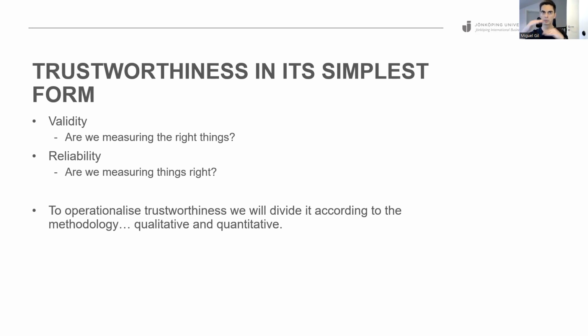So always keep that parallel mindset. What you need to write in your method section about trustworthiness and what you need to take into consideration while designing your research. So I think I'll stop this introductory video here, and then we'll start with quantitative research.